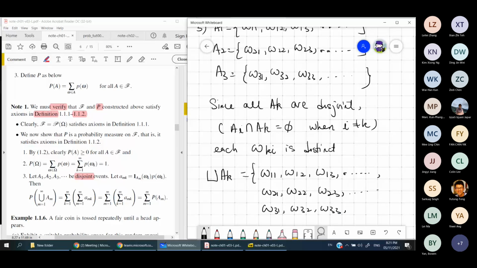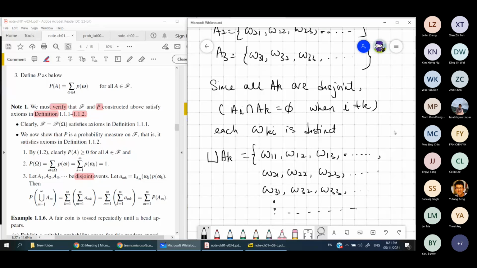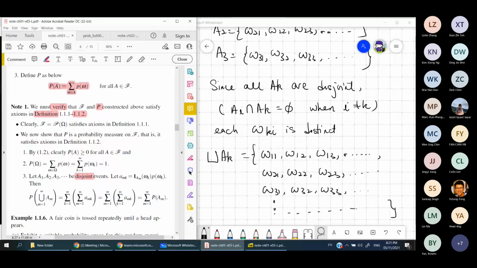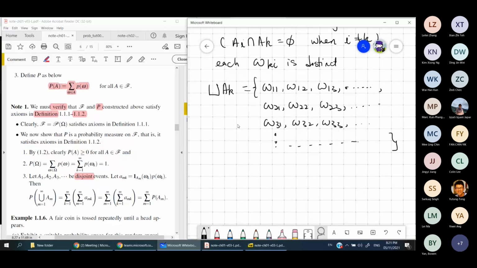So we are going to have countably many of them. Now we go back to our definition 3 here. P of A is equal to this. So we can see this.